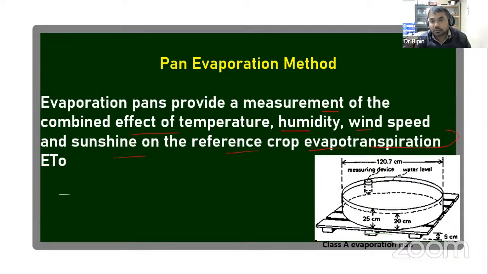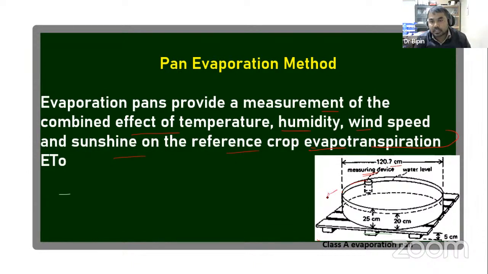So this is the evaporation pan, which you need to fill here. It is 25 centimeter in height on a 5 centimeter wooden platform, and here the measuring device you have to fit, and it has a diameter of 120.2 centimeter.